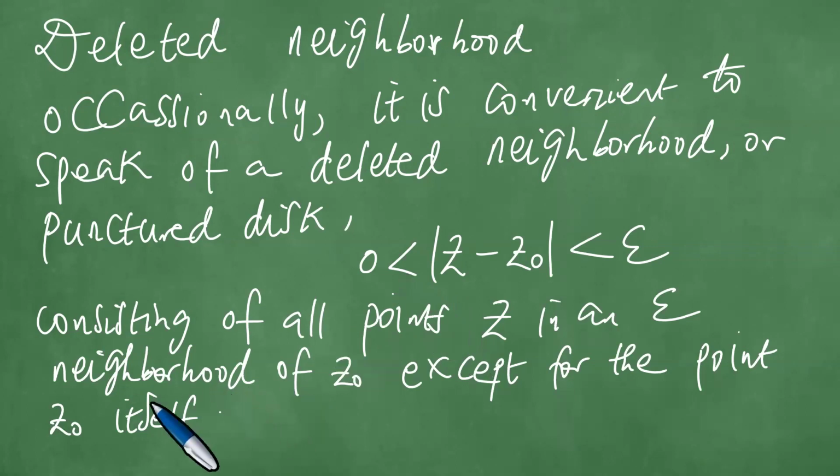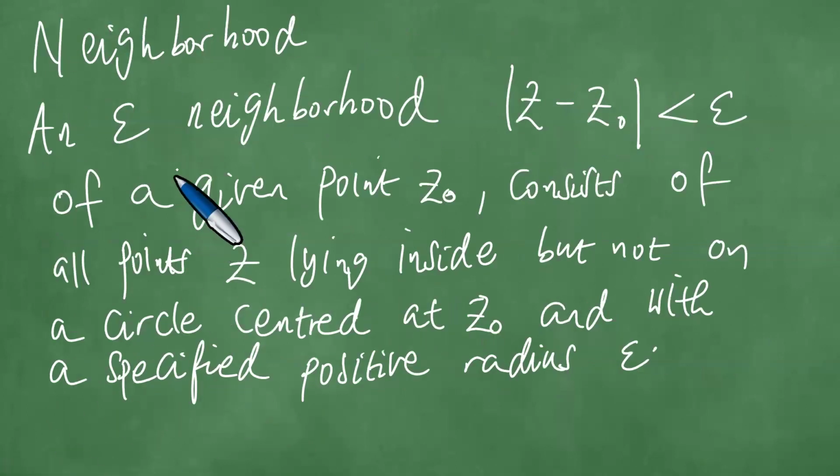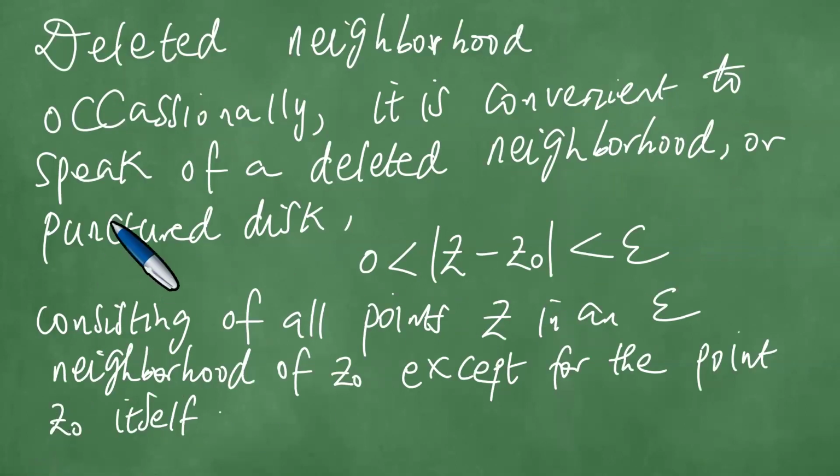Now we look at the difference between what we call the neighborhood, that just has the modulus of z minus z0 less than epsilon, and the deleted neighborhood or punctured disk, where you have the modulus of z minus z0 greater than 0 and less than epsilon, consisting of all points z in an epsilon neighborhood of z0, except for the point z0 itself.